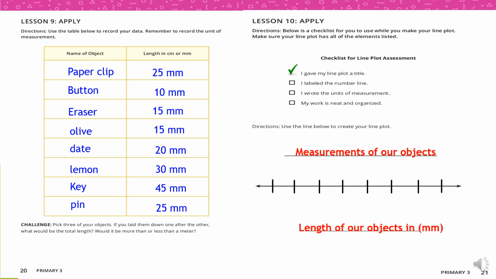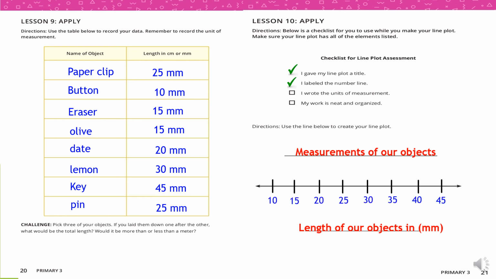Then we will write the label. Here we will put the numbers of the length of items. So the numbers on the number line refer to the length of our objects in millimeters. So I will label my line and I wrote the unit.